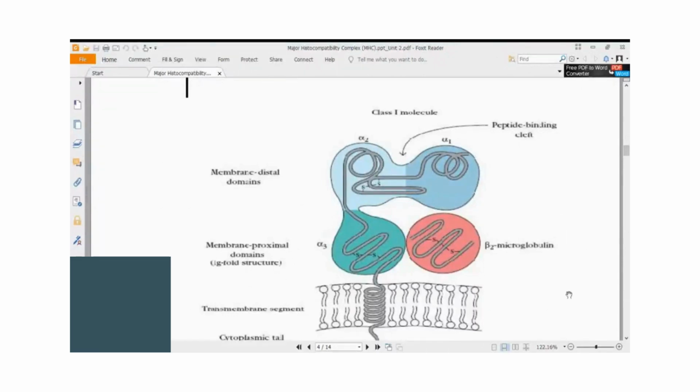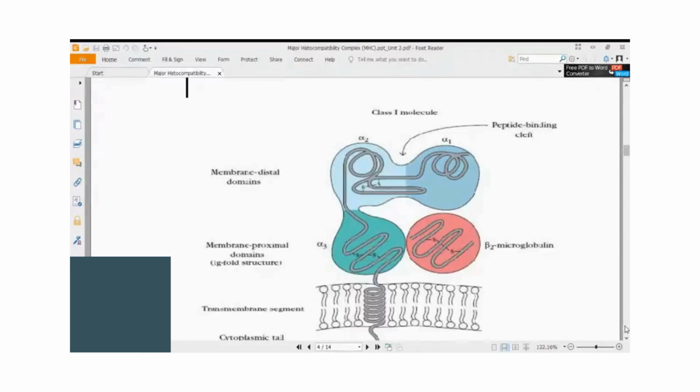The common amino acid is highly conserved among the different peptides that are generated, and those conserved residues are called anchor residues. Anchoring means lodging, and without these anchor residues, the peptide cannot bind to the antigen binding cleft.